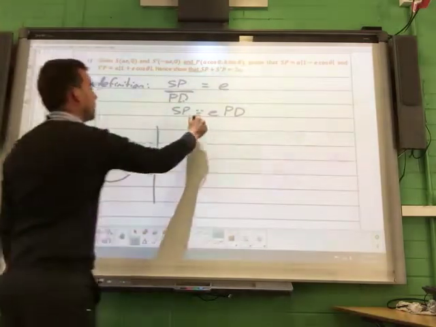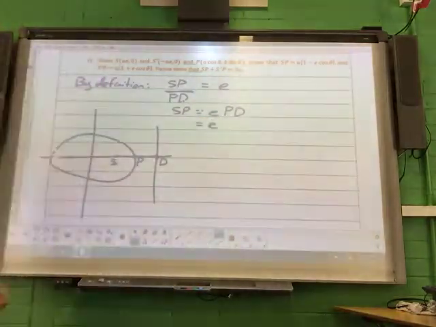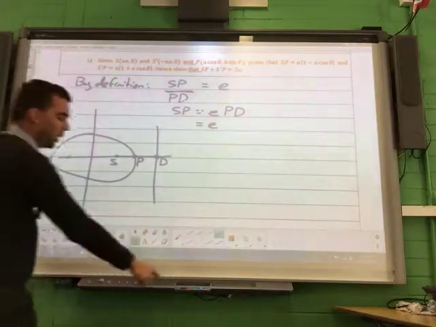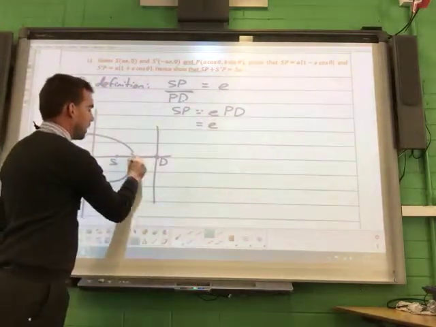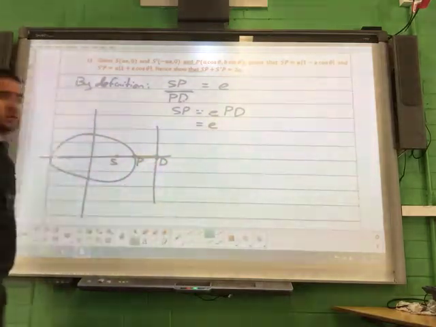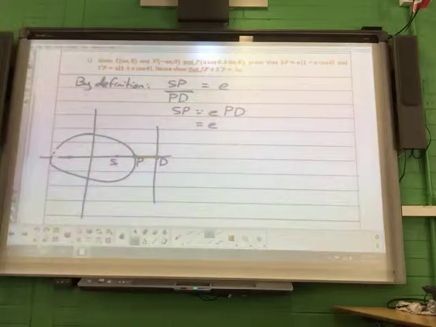Okay, so now we need to write down an expression for the distance of the interval PD. So in other words, we need that distance there. So what can I write down to have that distance?